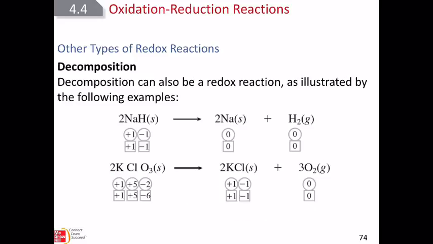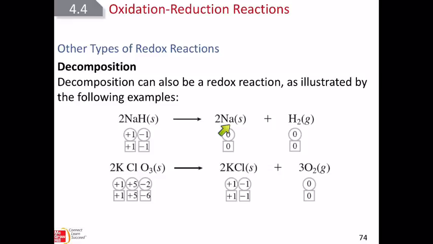Decomposition reactions are often, not always, but they can be redox reactions. Here's a couple of examples. Sodium hydride decomposing into sodium and hydrogen. This is an ionic compound. We came across it in an earlier example. The hydrogen has a -1 charge. The sodium has a +1 charge. Those are going to be their oxidation numbers.